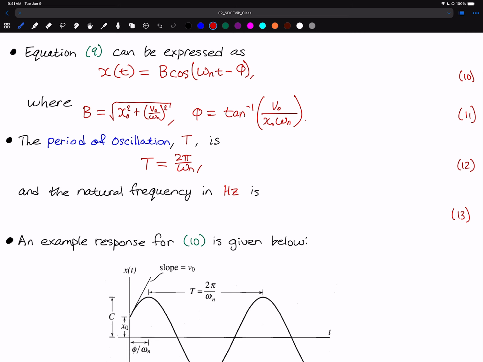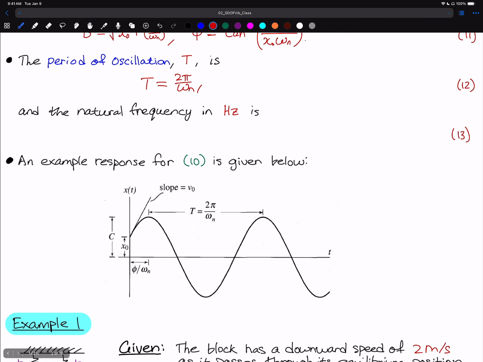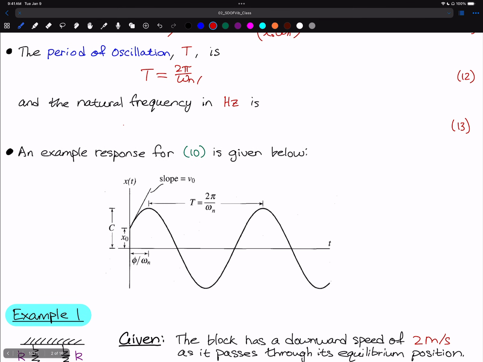And so we mentioned that omega n is our natural frequency. That is in radians per second. If we want to express it in hertz, we'll use f sub n, which will be equal to first 1 over our period of oscillation, or expressed in the natural frequency, omega n divided by 2 pi. And again, this has units of hertz.